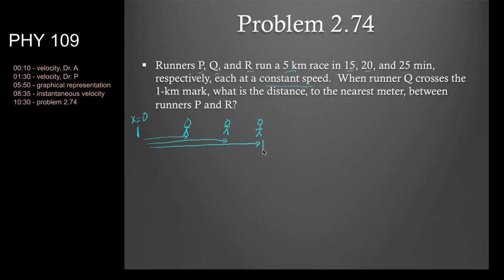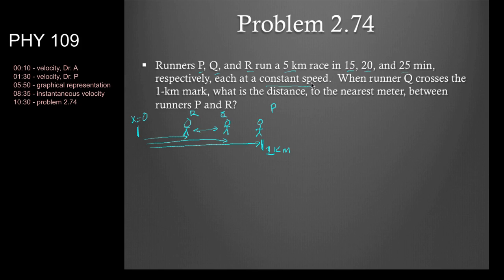What we want to know is when P is at this 1K mark, what is the distance between Q and R? So let's break this down into a few more steps. We have some good information here.